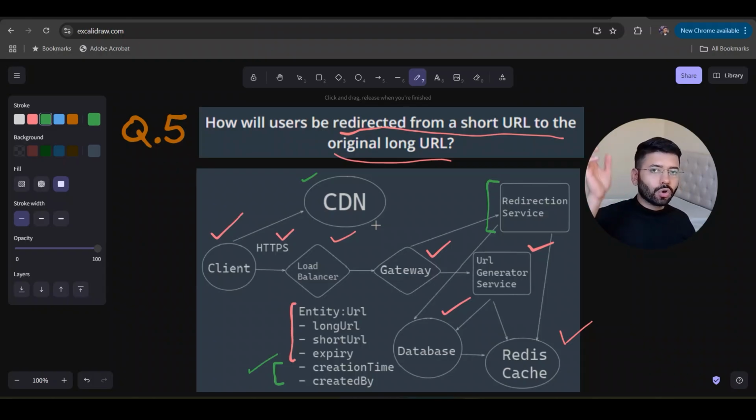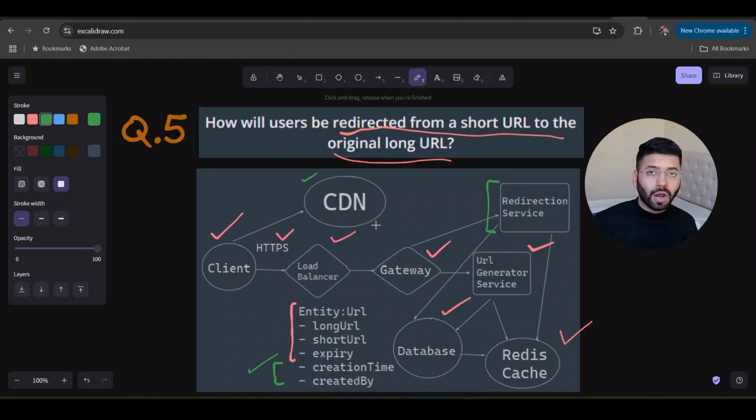The reason being, CDNs are located worldwide, in different geo locations. So based on the request from the user, the response will be given from the nearest CDN. Whichever CDN is nearest to the user will respond back to the user.